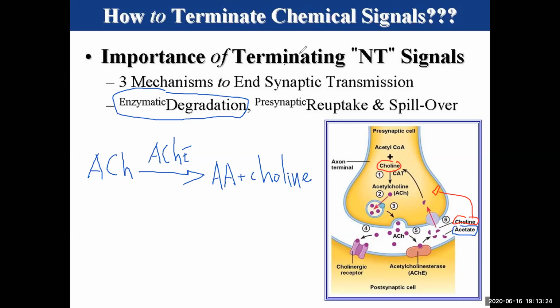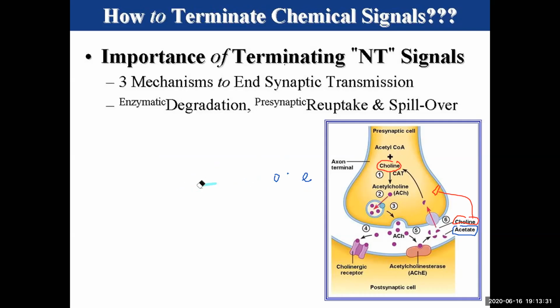Another mechanism is that the neurotransmitter is recycled by the presynaptic neuron that releases it. We call that presynaptic reuptake. The neurotransmitter is picked up by the axon terminal of the presynaptic neuron. For example, serotonin.